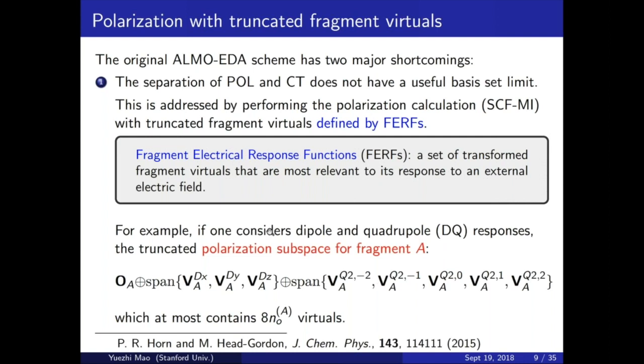So for example, if one considers the dipole and the quadrupole responses, then the truncated polarization subspace for a fragment will have, first, the original occupied orbitals, and then each occupied orbital will correspond to 3 virtuals capturing the dipole-like polarization, and 5 virtuals for the quadrupole polarization. And so the truncated virtual space will contain at most 8 times the number of occupied orbitals virtuals.